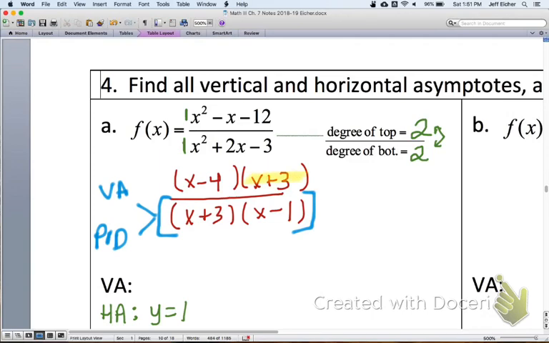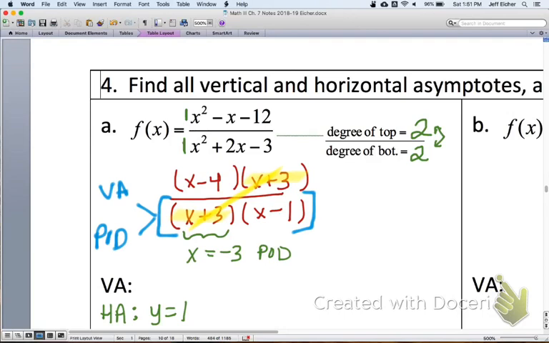This x plus 3 factor and this x plus 3 factor divide out. Any factors that divide out like that tell us the location of the points of discontinuity. Setting this x plus 3 equal to 0, we get x equals negative 3 is a point of discontinuity.